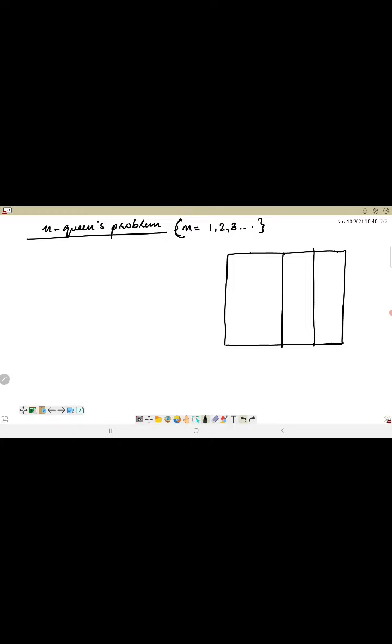Here let us say I have 4 different queens, x1, x2, x3 and x4, and I have to place these 4 queens in such a way that they do not attack each other. So x1, x2, x3 and x4, and this is 1, 2, 3 and 4. Let us consider this 4 queens problem, and I have to now express this as a constraint satisfaction problem.